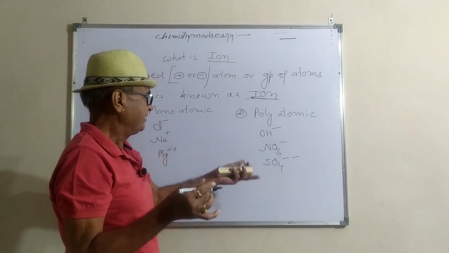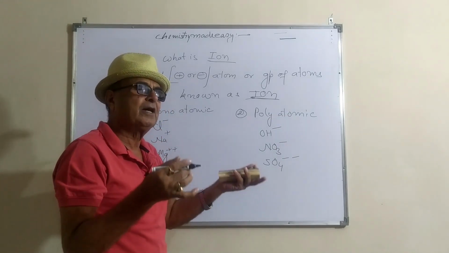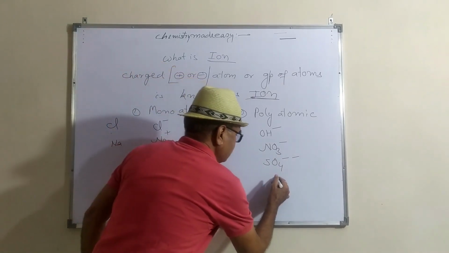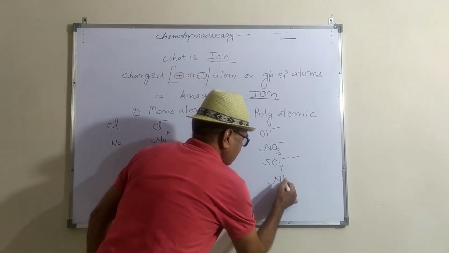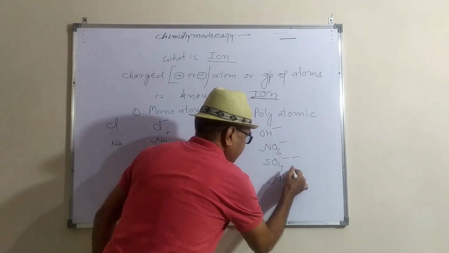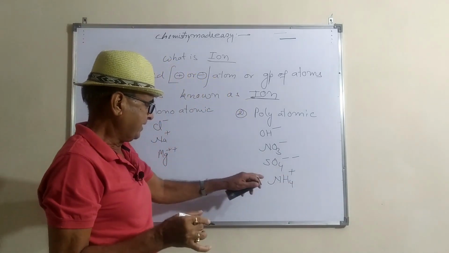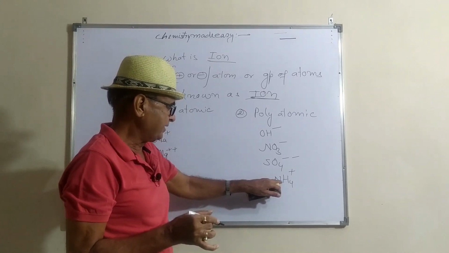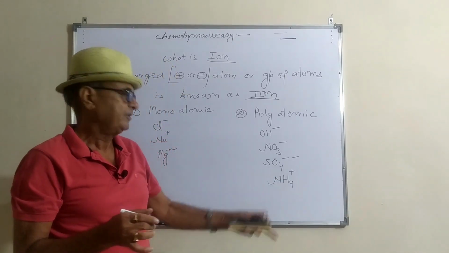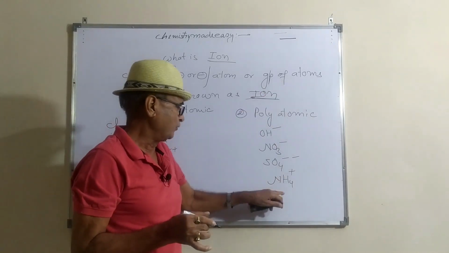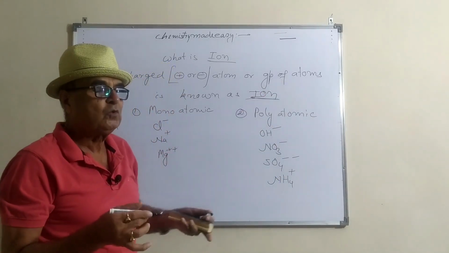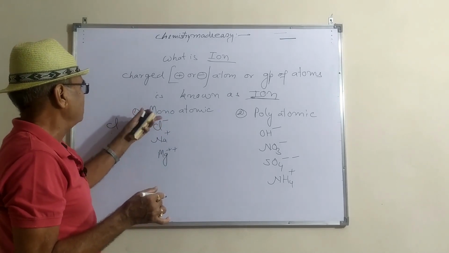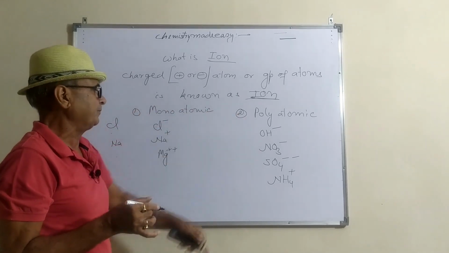In the same way, it may be hexaatomic also. Again, ammonium NH4, the ammonium ion, contains one atom of nitrogen and four atoms of hydrogen. This is also a pentaatomic ion. So here I told you about the monoatomic ion and polyatomic ion.